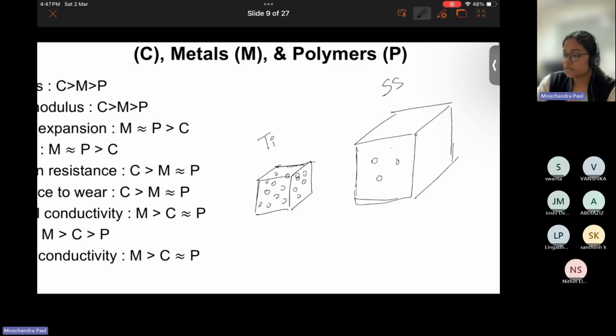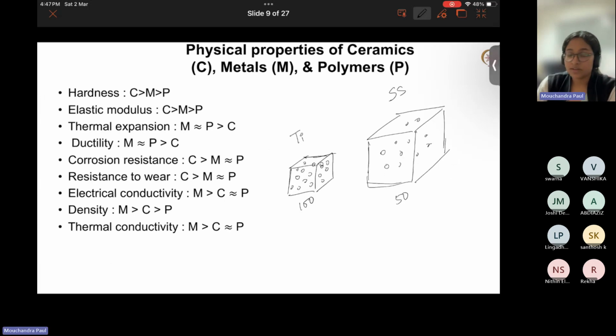The number of atoms in the first, smaller cube is 100, and the number of atoms in the second cube is, say, 50. Now tell me which is denser. Titanium. Yes.